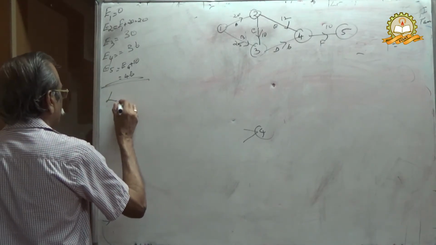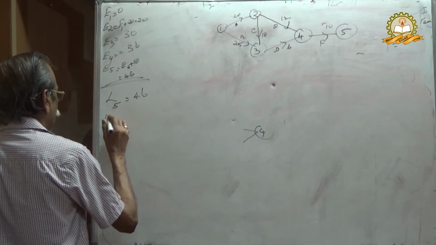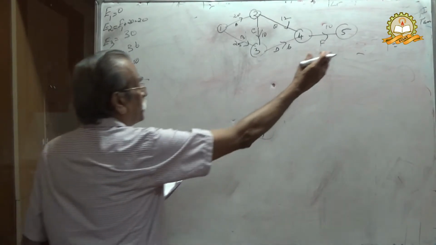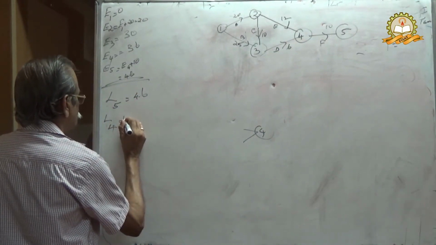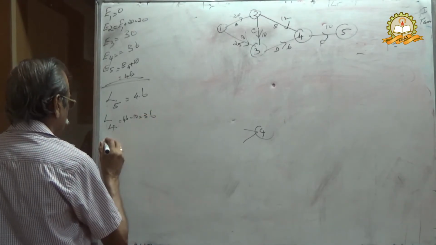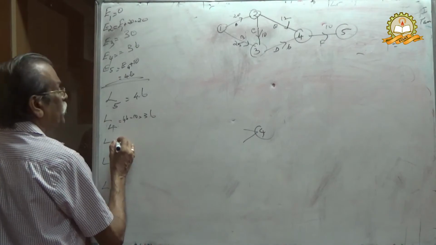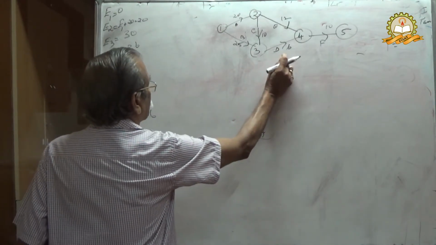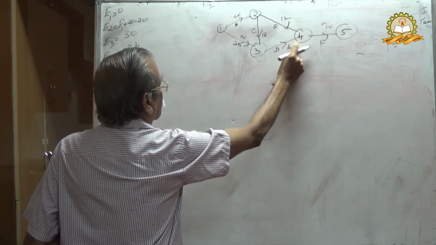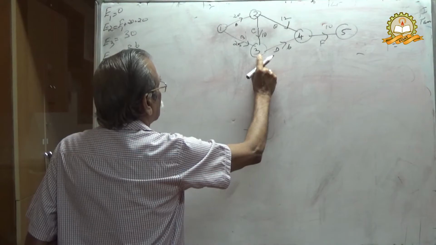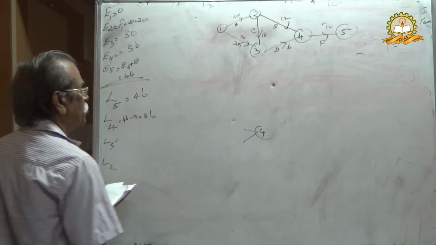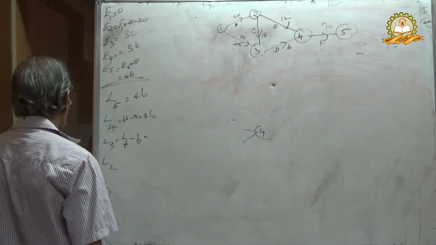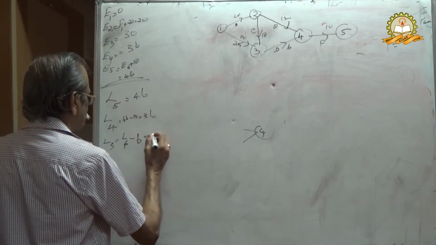Therefore, immediately write L5 equal to 46. L4 equal to L5 minus 10, returning back, 46 minus 10, 36. Now think of L3, which is from here to this: L3 equal to L4 minus 6, 36 minus 6, 30.